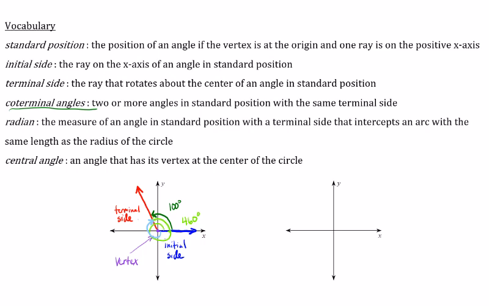It'd be 80, right? So this would be 80 right here. If it was 100 to get this way, then it'd be 80 to get this way. So basically I went 180 plus 80, which would be 260. So this angle would be 260 right here, but it'd be negative, right? Because we went clockwise. So negative 260 is also coterminal with 100.